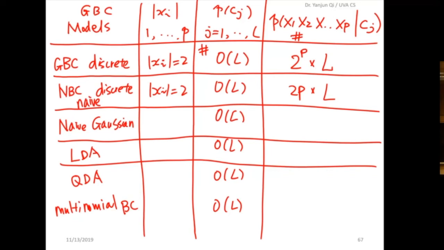So I hope you still remember the Gaussian. It's a Gaussian distribution with mean mu1. And in the naive case, we are assuming the covariance matrix sigma is a diagonal matrix, right? Then how many parameters do I need to estimate in this case, naive Gaussian?